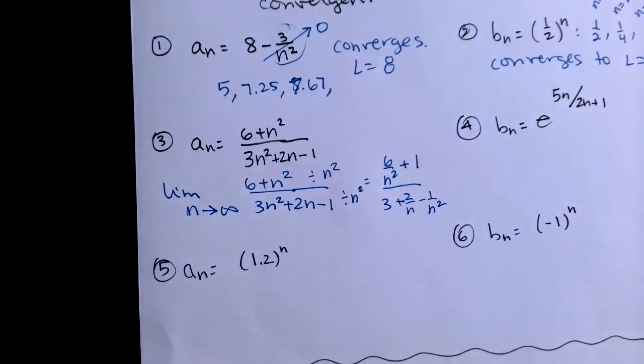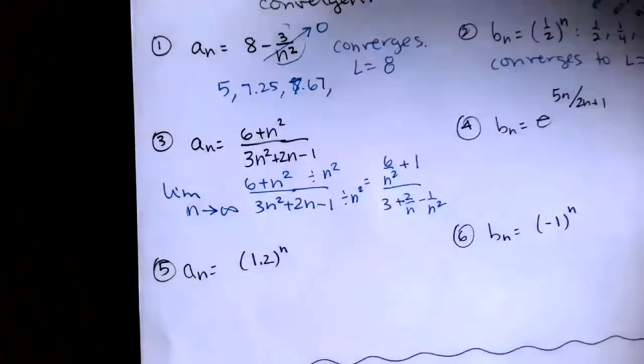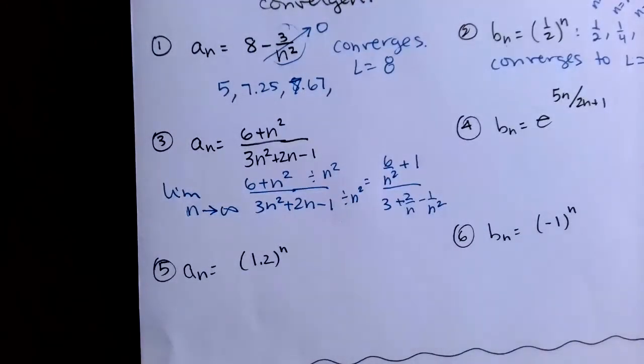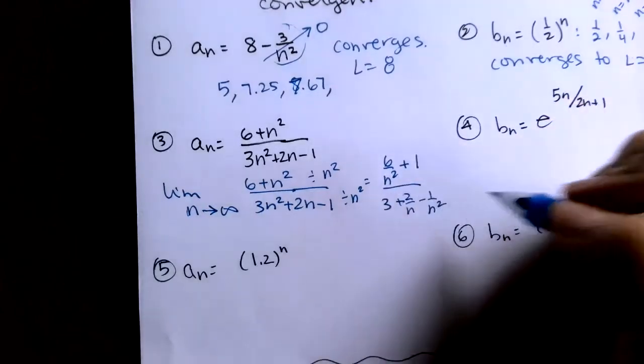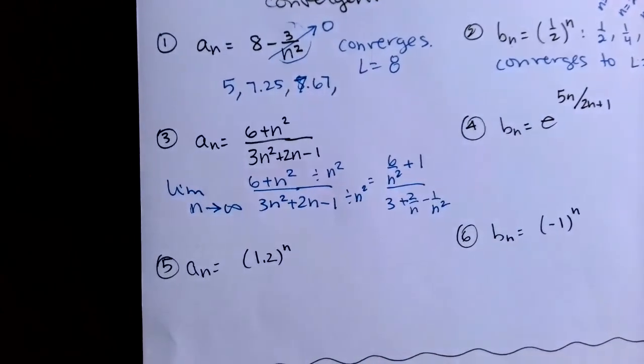And now we're taking the limit as n goes to infinity. And as n goes to infinity, all of these numbers that have n's in the denominator are going to go to 0.